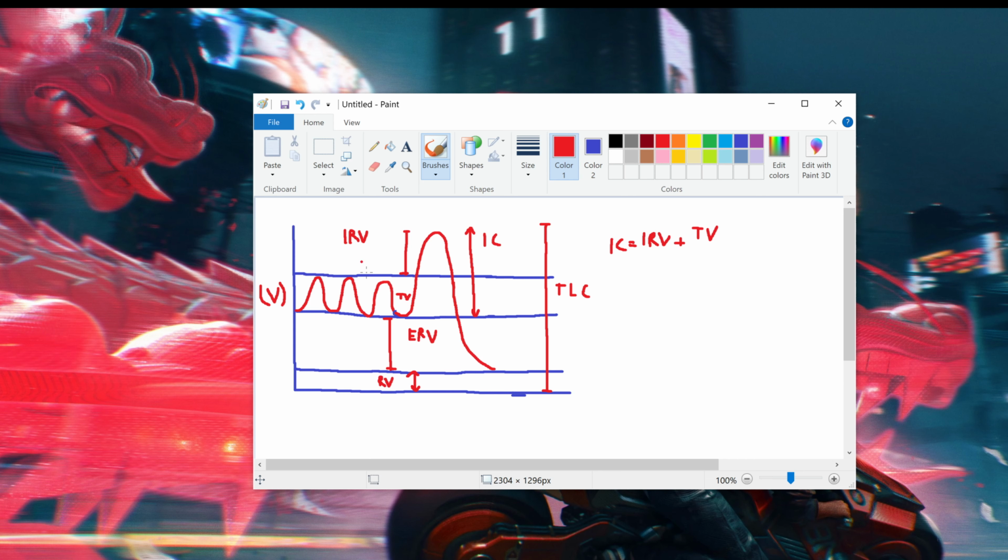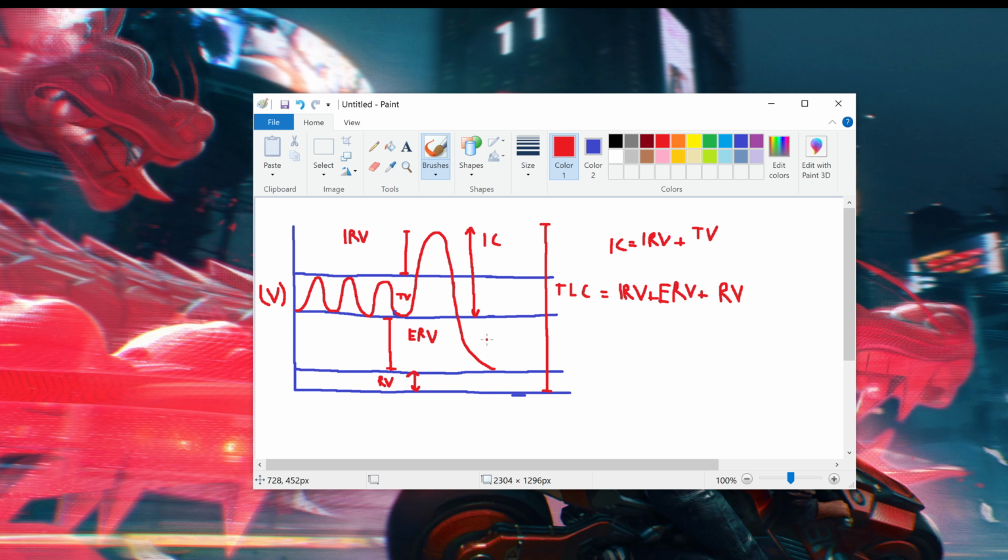That includes IRV, ERV, might as well just write it down: TV plus IRV plus ERV plus RV. It's the maximum volume of air in the lungs, and it may be increased in patients with obstructive defects such as emphysema, and decreased in restrictive abnormalities like chest wall abnormalities such as kyphoscoliosis.